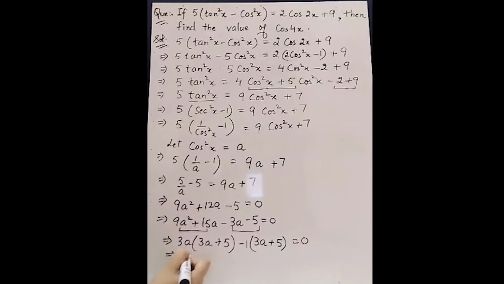Then 3A minus 1 is the first factor and 3A plus 5 is the other one, which is equal to 0. So 3A minus 1 is equal to 0, and also 3A plus 5 is equal to 0. So the value of A will be 1 upon 3, or the value of A will be minus 5 upon 3. We are going to take the value of A as 1 upon 3.